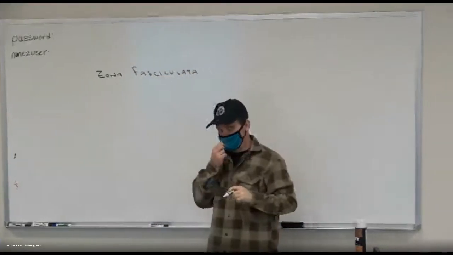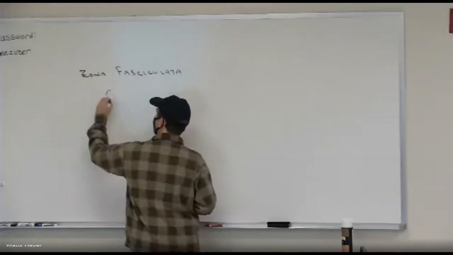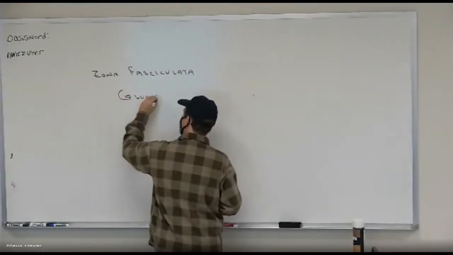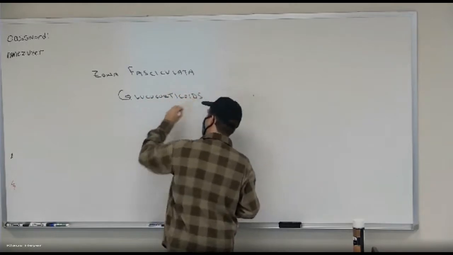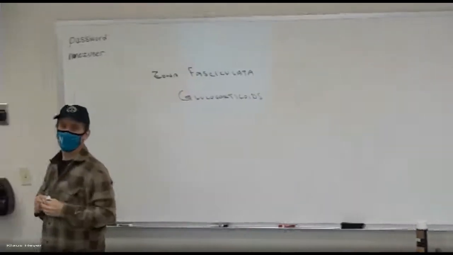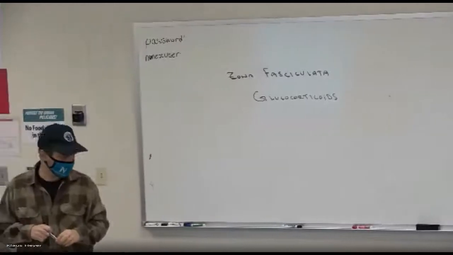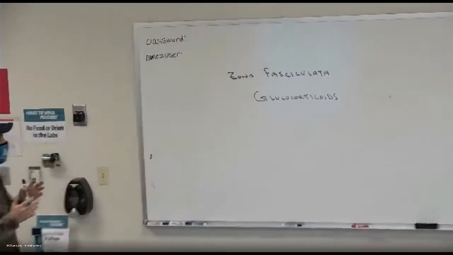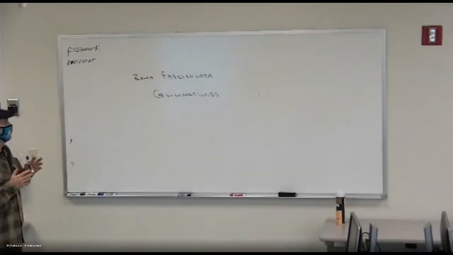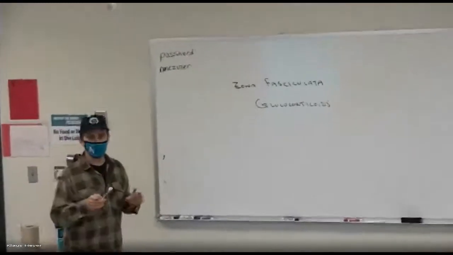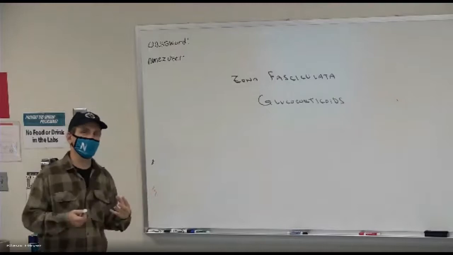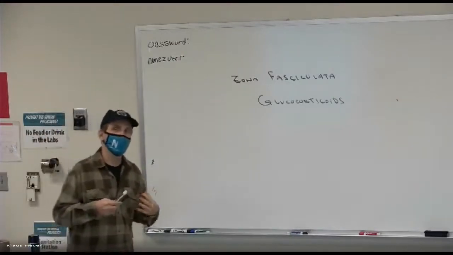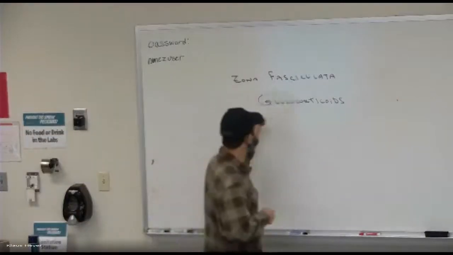And it makes glucocorticoids. So the zona glomerulosa made mineralocorticoids. This next one makes glucocorticoids, which we know as steroids.